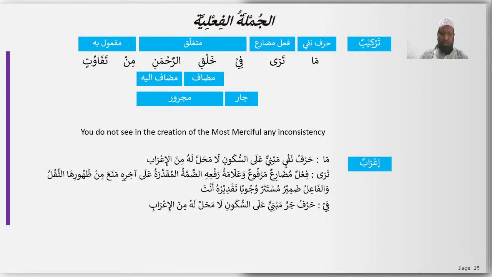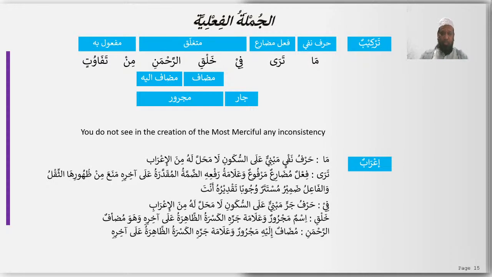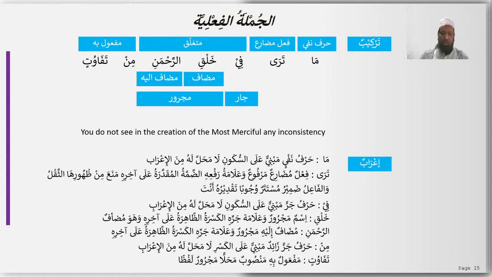في حرف جر مبني على السكون لا محل له من الإعراب. خلق اسم مجرور وعلامة جره الكسرة الظاهرة على آخره وهو مضاف. الرحمن مضاف إليه مجرور وعلامة جر الكسرة الظاهرة على آخره which is the متعلق. من حرف جر زائد مبني على الكسر لا محل له من الإعراب. تفاوت مفعول به منصوب محلا مجرور لفظا.